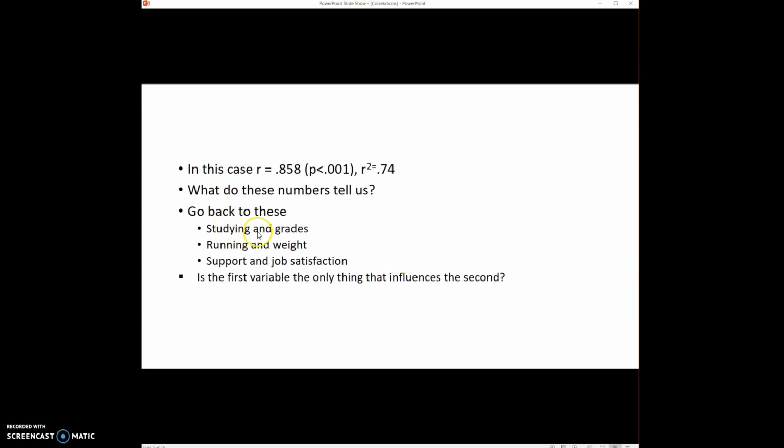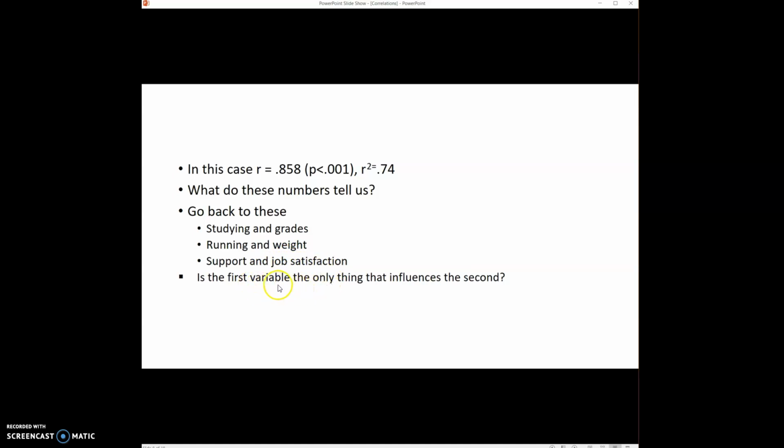So let's go back to these. Studying and grades: are there other factors that go into the grades that somebody gets? Are there other factors that influence how much somebody weighs? Are there other factors that indicate job satisfaction?